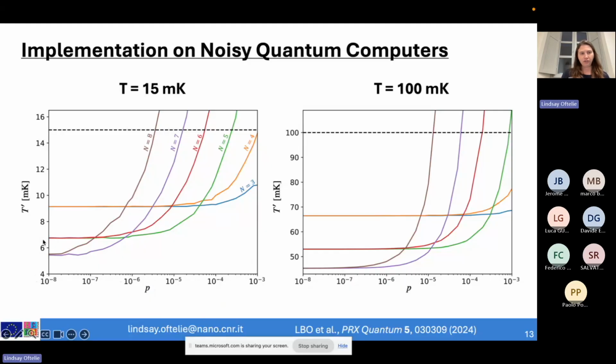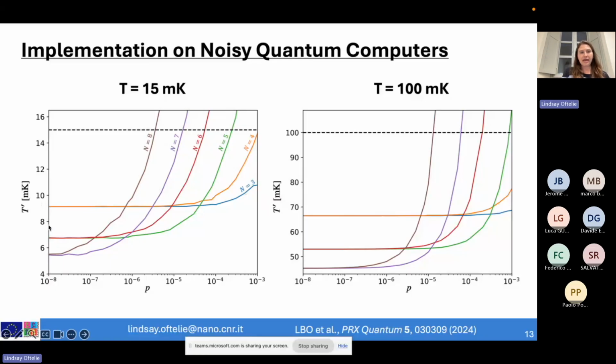The final temperature is shown on the y-axis, and I do this for 2 initial temperatures. Let's focus first on the initial temperature of 15, shown by this black dashed line. Now, the different colors are different sized systems, and at very, very small error rate, so basically a noise-free quantum computer, we see exactly what we expect.